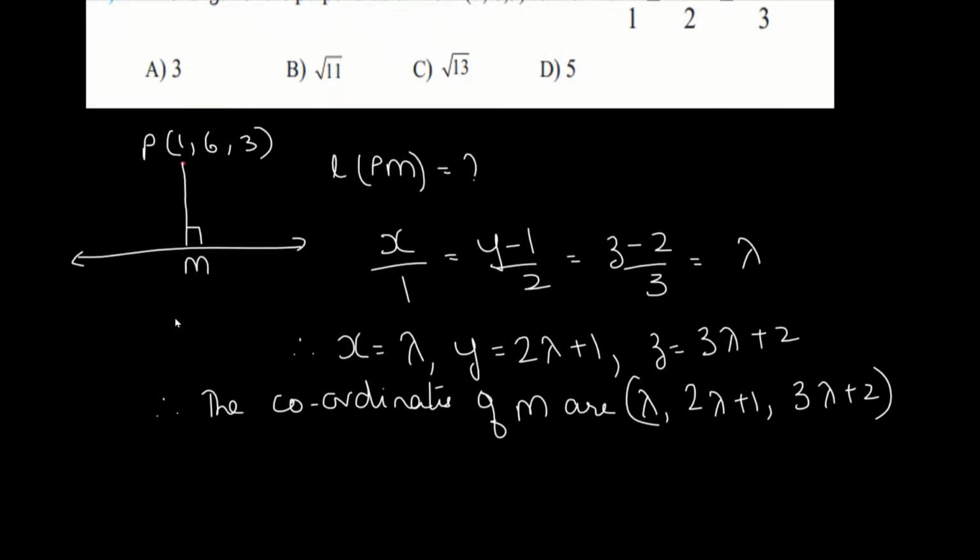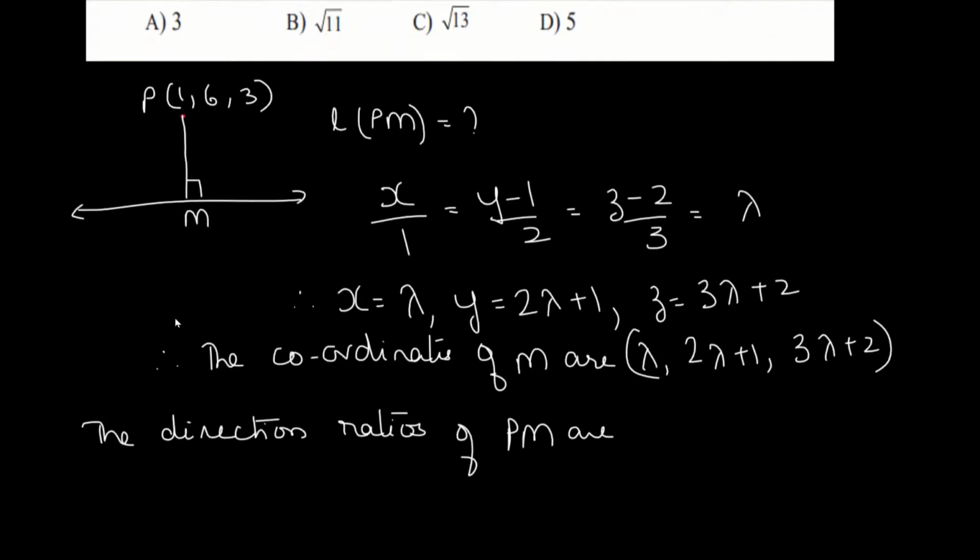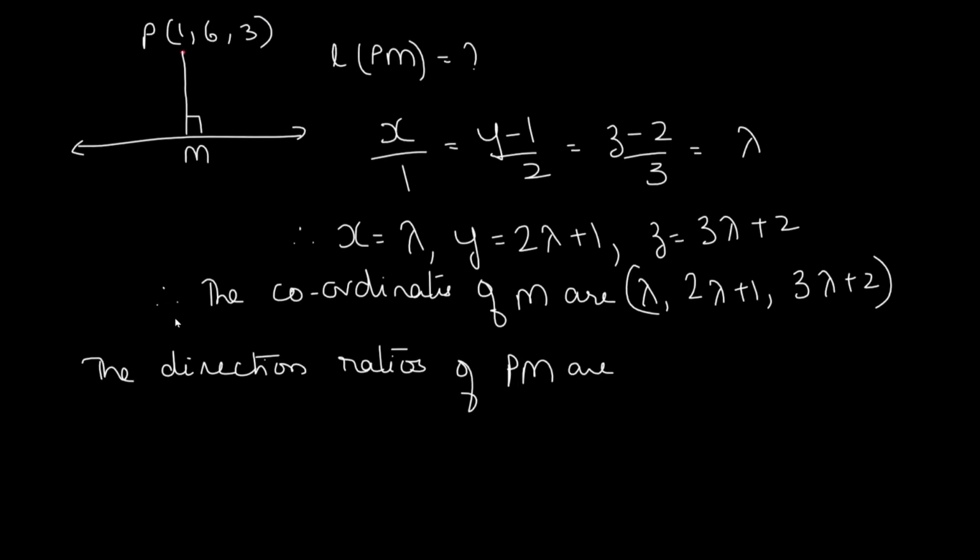Now, what are the direction ratios of PM? The direction ratios of PM are the coordinates of M minus the coordinates of P. The coordinates of P are 1, 6, 3, as you can see over there.